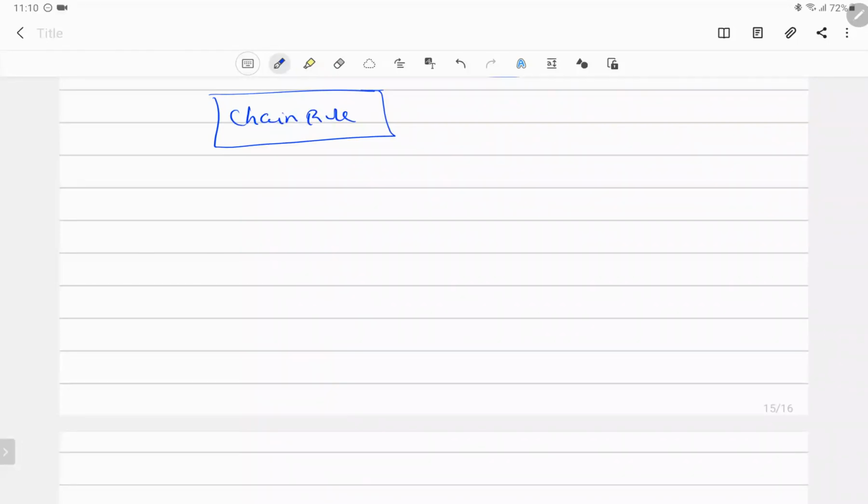So next we're going to see the chain rule. The simple thing I can say is that cross rates are calculated by solving simultaneous equations.